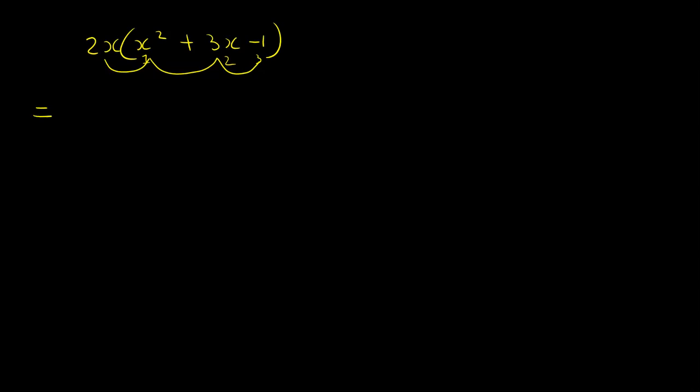Okay, so again we will multiply 2x with x squared, then we have plus sign, then we will multiply 2x times 3x, and the last one is 2x times 1.